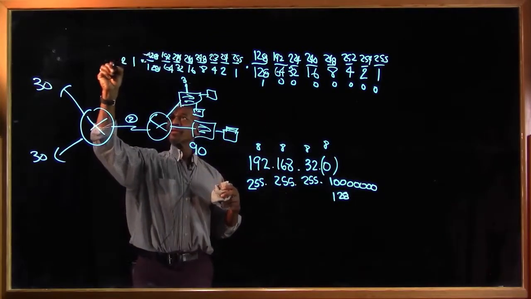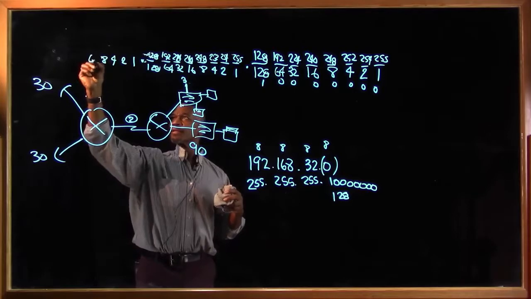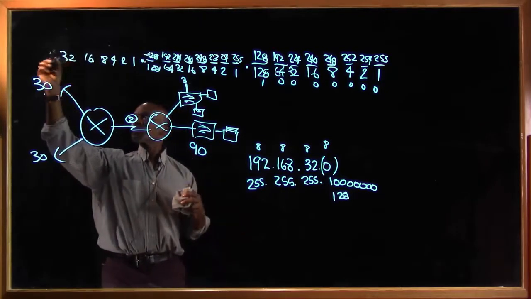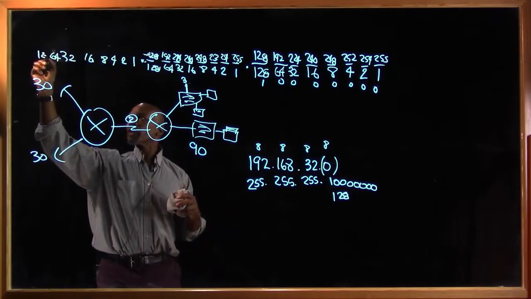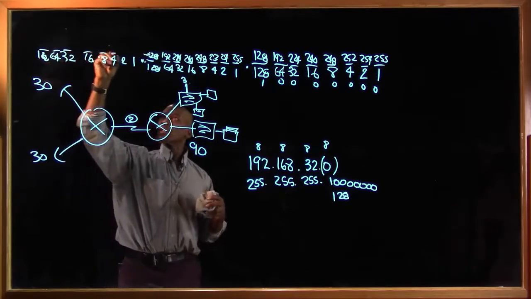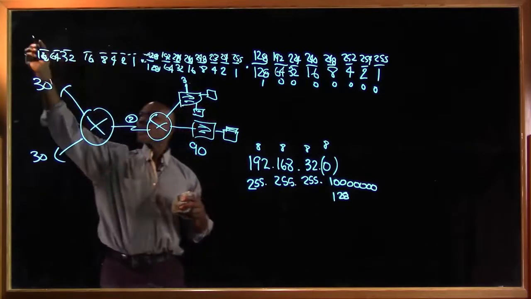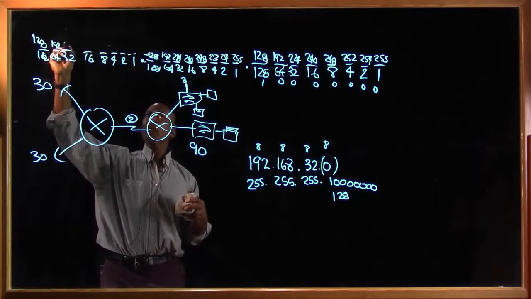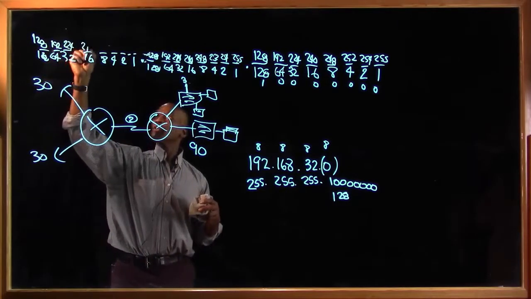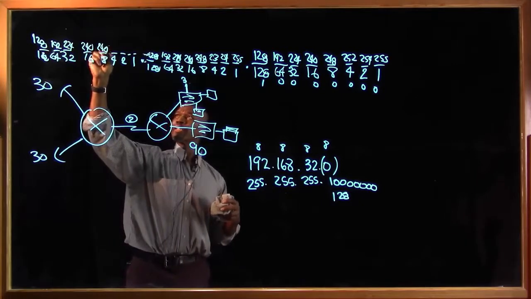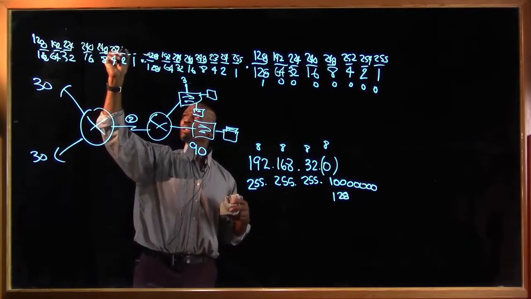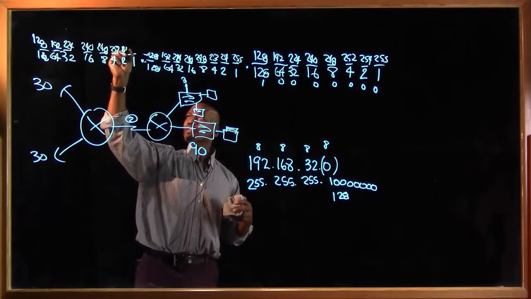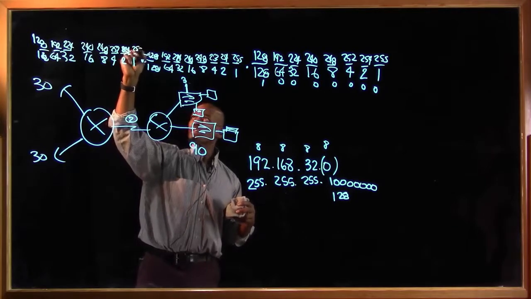And now, back to this: 1, 2, 4, 8, 16, 32, 64, 128. Same: it's 128, 192, 224, 240, 248, 252, 254, 255.